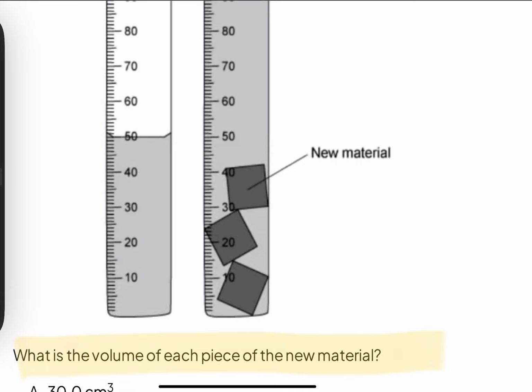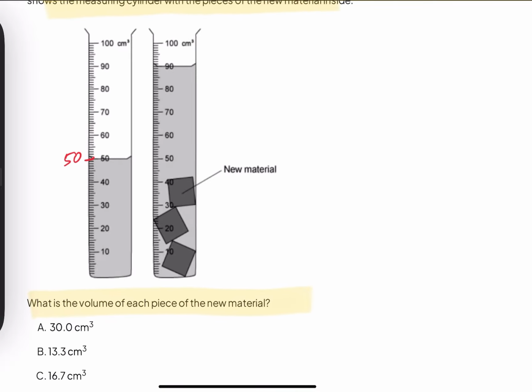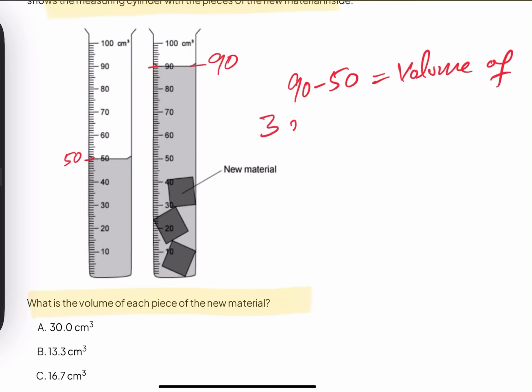So the first volume is at this point, that is 50, and with the objects the volume is at this point, that is 90. So 90 minus 50 is equal to the volume of 3 pieces of new material.